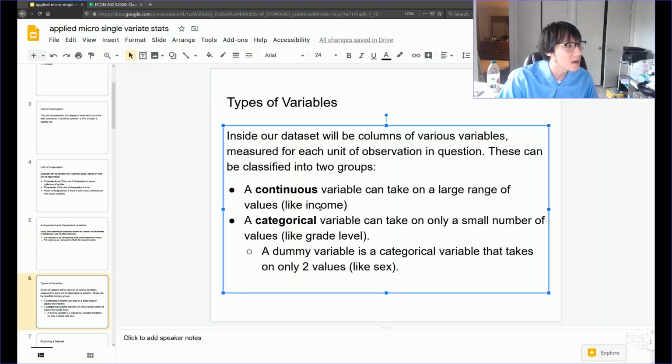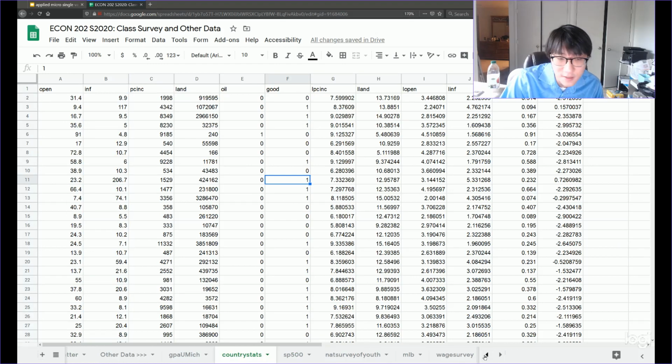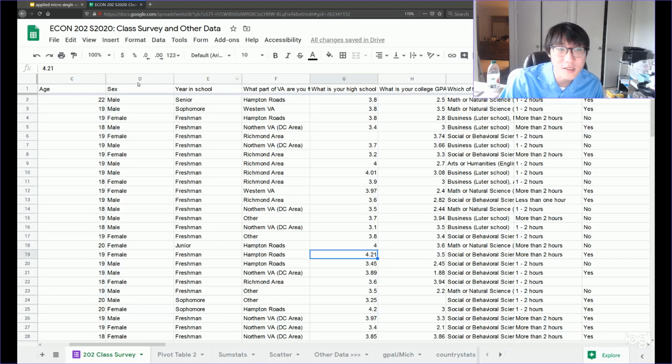Now the opposite of that would be what's known as a categorical variable. Categorical variables can only take on a small range of possible values. For example, in our data set, sex is a categorical variable. It can take on only one of two values. Well, I suppose if this was gender rather than sex, and we were looking at gender identity, there could be more than two.